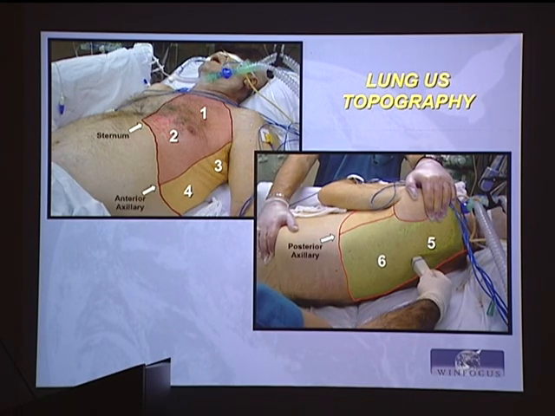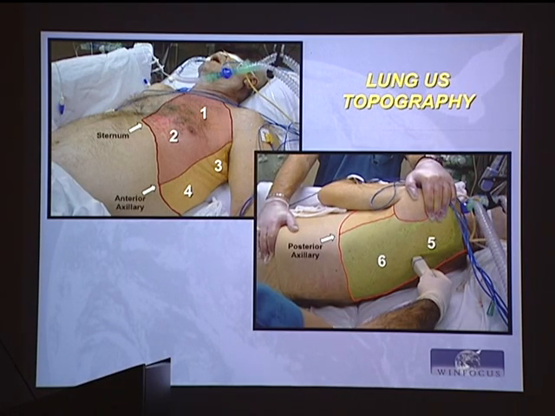Then in the workshop this afternoon I will give you more practical advice about how many windows, in which conditions, to look at. For example, if you are doing CPR, your question is not about a localized pneumonia, but your clinical question will be, is there a pneumothorax, a tension pneumothorax? Is there a massive pneumothorax causing this cardiac arrest, okay?